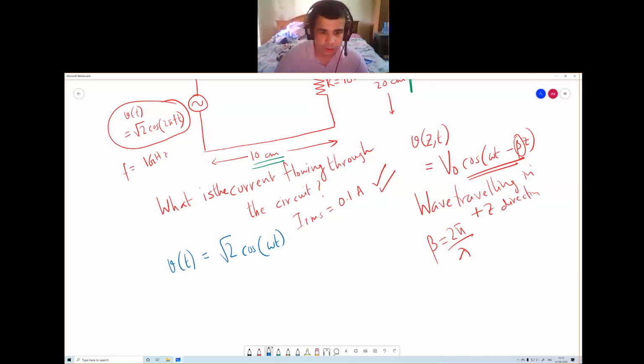Because if f is 1 kilohertz, what is lambda?